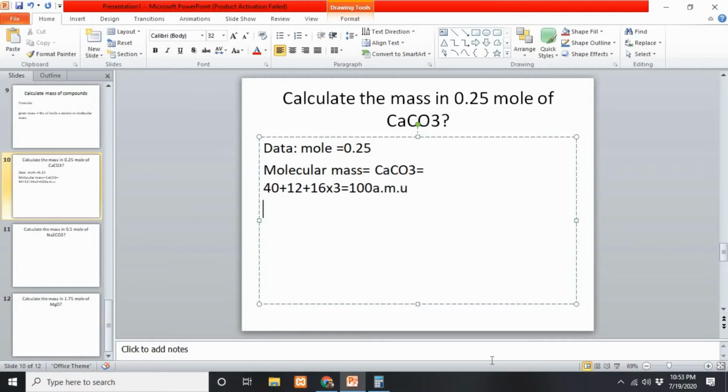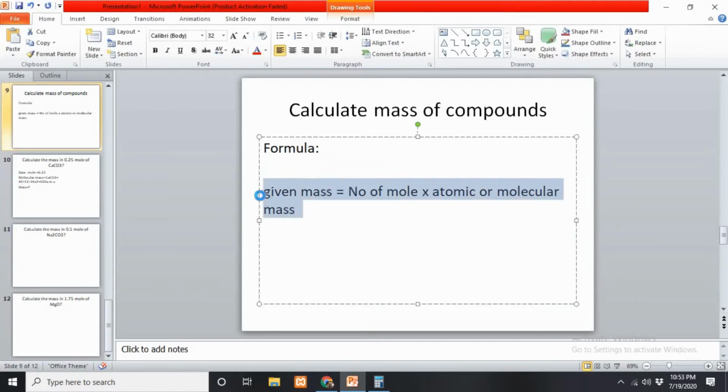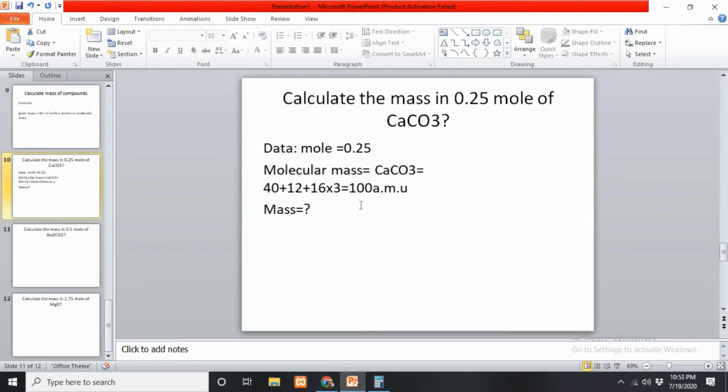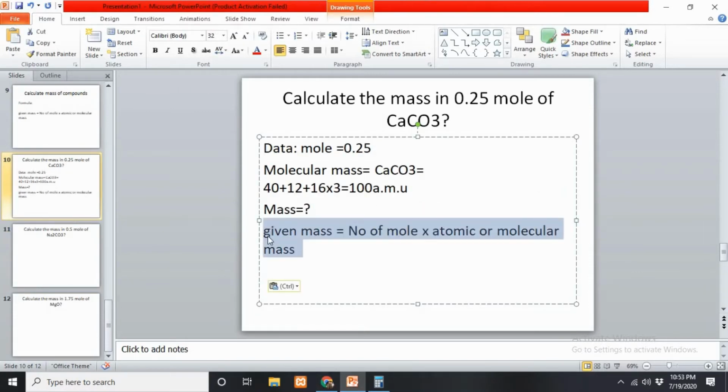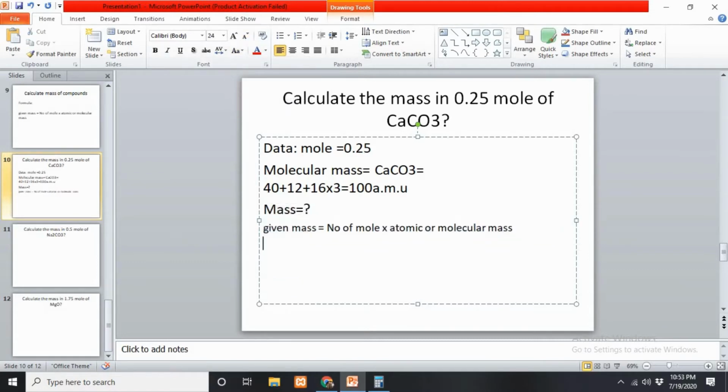What we have to find is the mass. The next thing is we are going to use the formula through which we can calculate the mass. I have pasted the formula over here, and just substitute the values. Mass is equal to number of moles, 0.25, multiplied by 100.